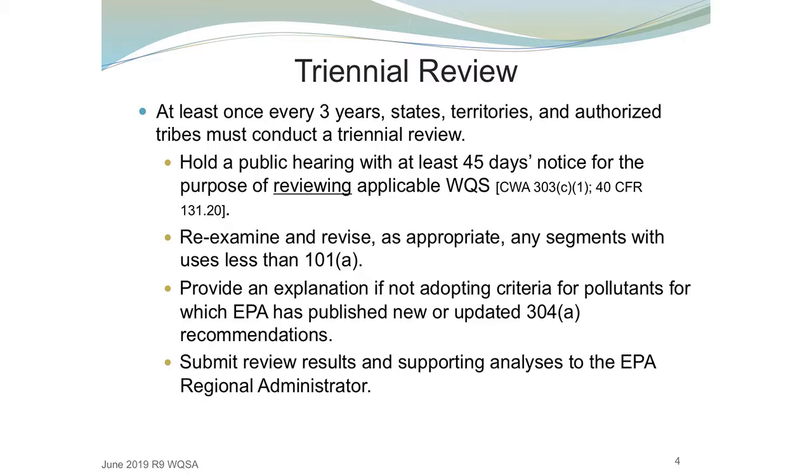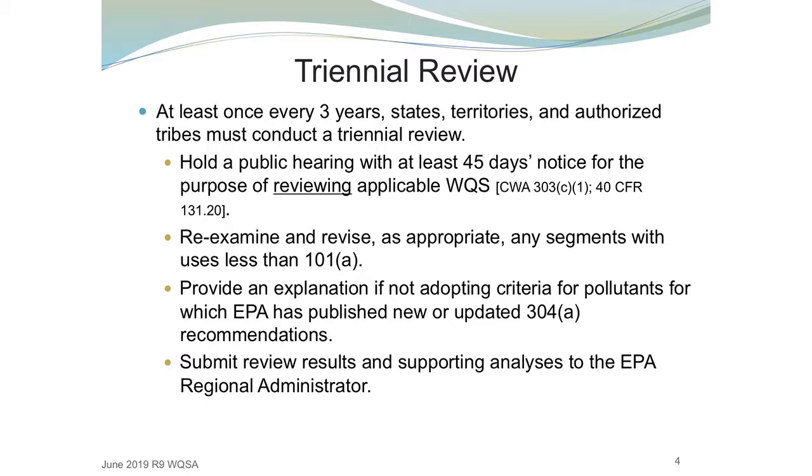You need to re-examine and revise any segments with less than 101A use, and everybody knows what a 101A use is now. You need to provide an explanation if you're not adopting criteria. I don't like reading, let me just talk. This bullet is all about EPA working hard to develop these 304A criteria to get the science, and states ignore them.